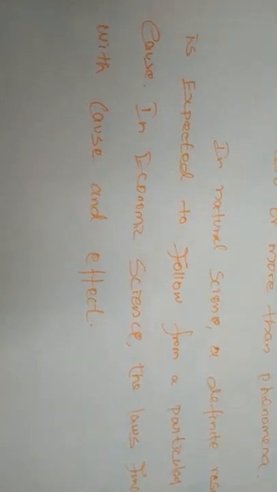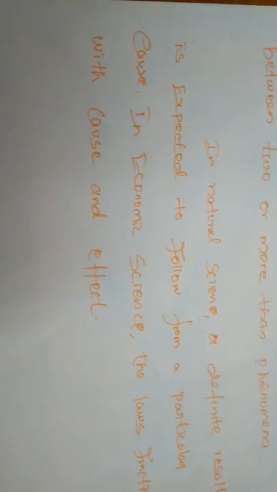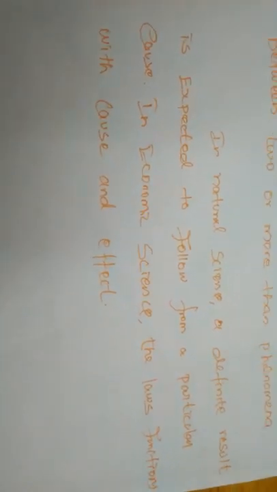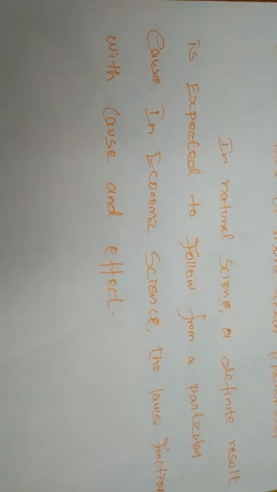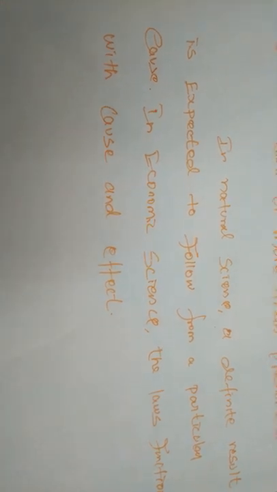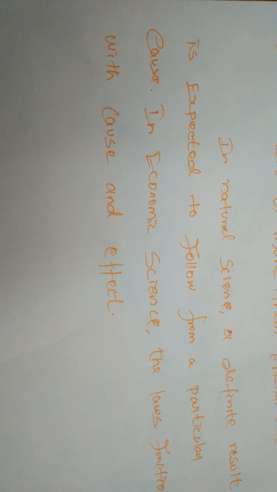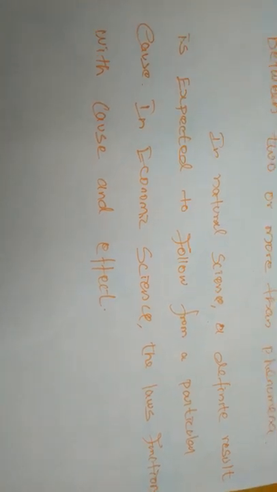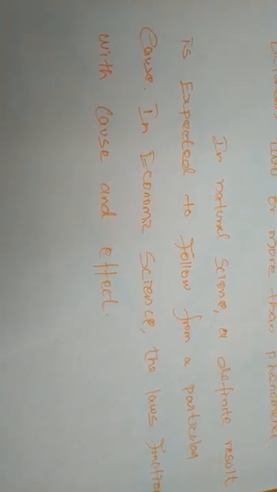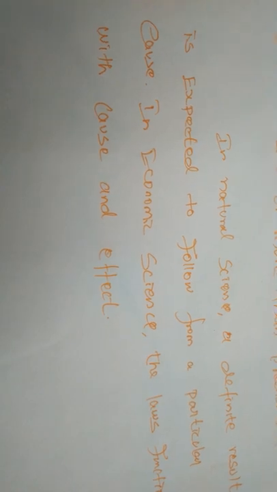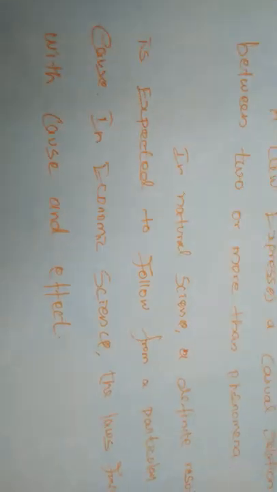But in economics, it is not like that. Demand will change on the basis of time, political situations, and human activity. So the law of economics will never be equal to the law of science.